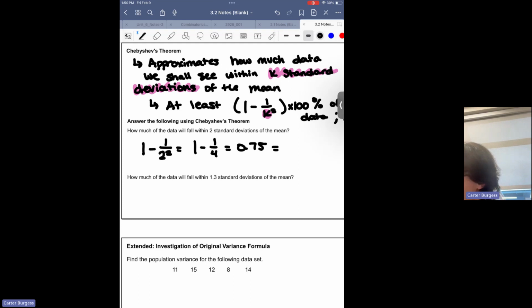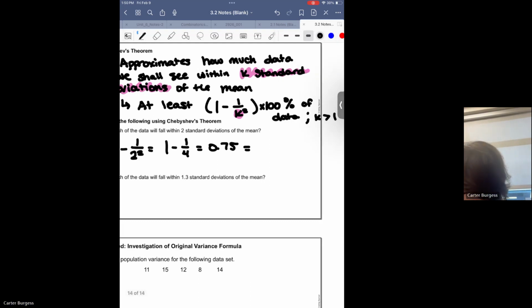And so how much of our data would we expect to see? What percent? 75, not percentile, but we'd expect to see 75% of our data within those 2 standard deviations.